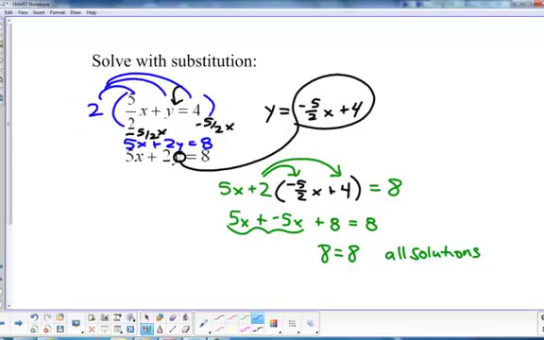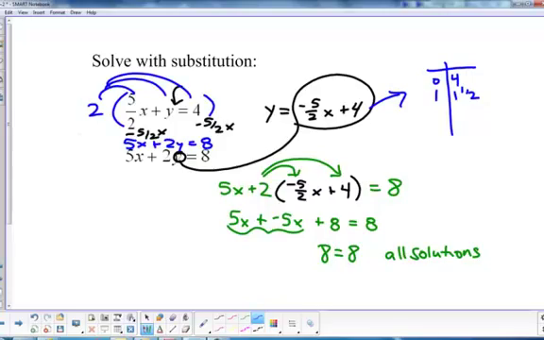So any ordered pair that makes x work will make y work. So it's all solutions that make that work. The solutions that make this work are 0 giving 4. That'll work for both. If we plug 1 in, that's negative 2.5 plus 4, which is 1.5.